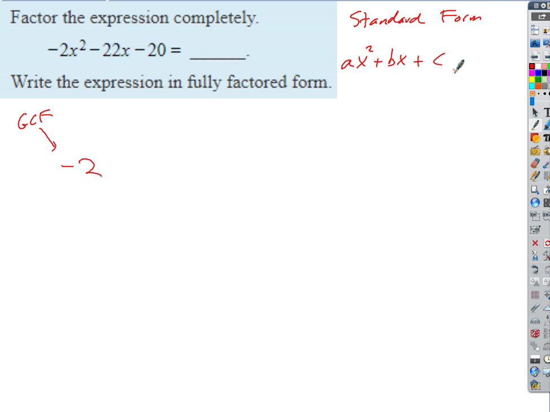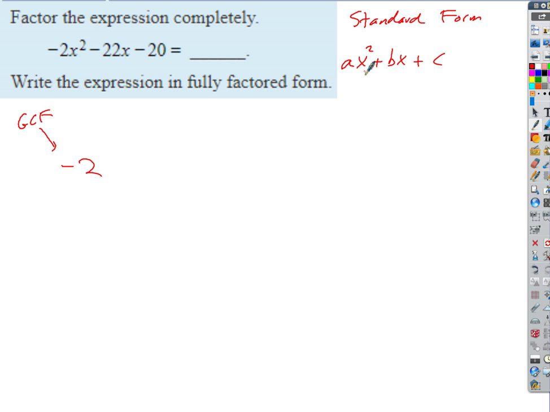In standard form, we always want to put the x squared term first. In fact, later on in the year, when we do bigger polynomials, we have x cubes and x to the fourths and all that stuff, we're always going to write them in standard form, so we do the biggest powers of x first, and we just walk down to the smaller powers from left to right.